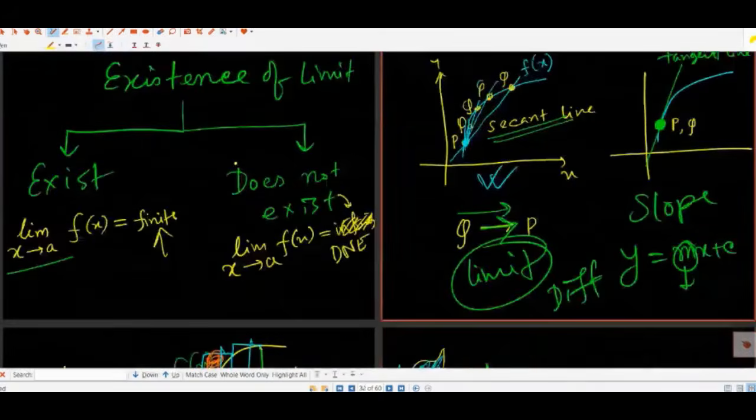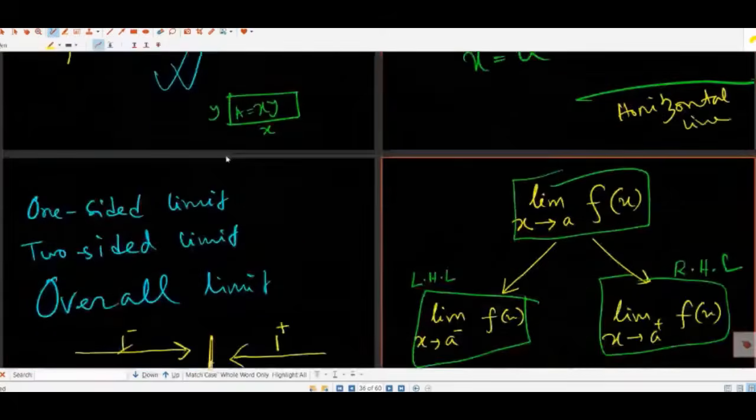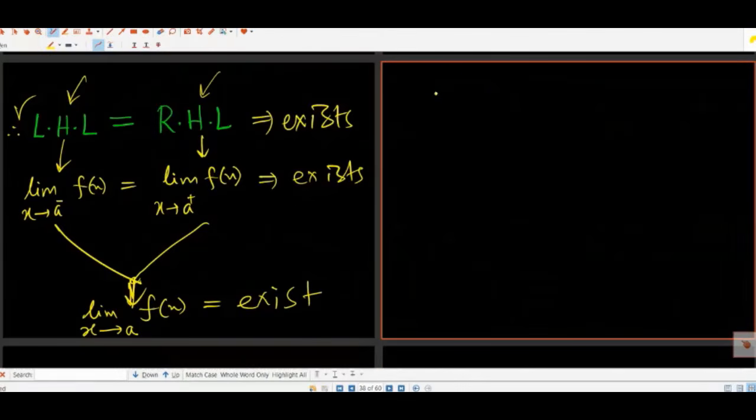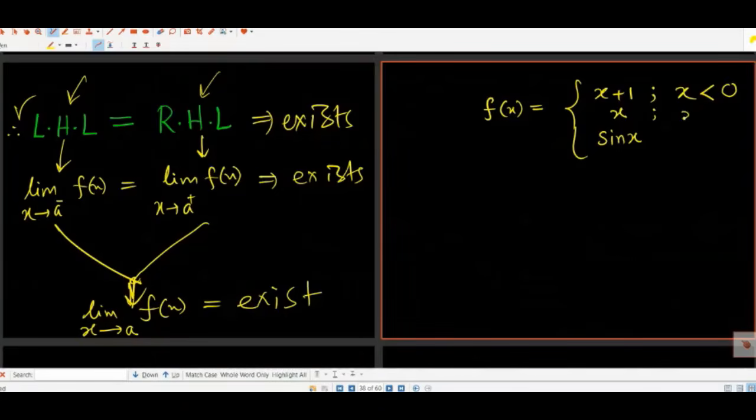And for a piecewise defined function, you may have to find the left hand limit and right hand limit. Suppose we have a function f of x equals x plus 1, then x, and let's say sine of x. The first part is defined for x less than 0. The second one is for x greater than 0.